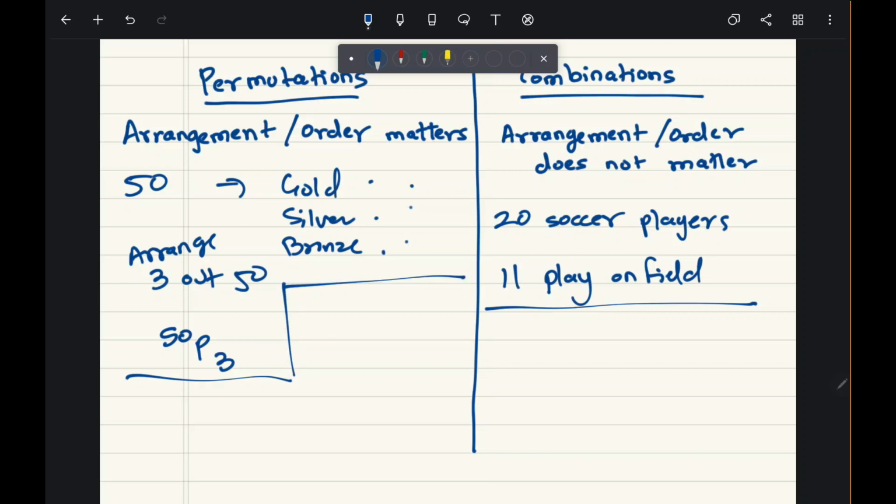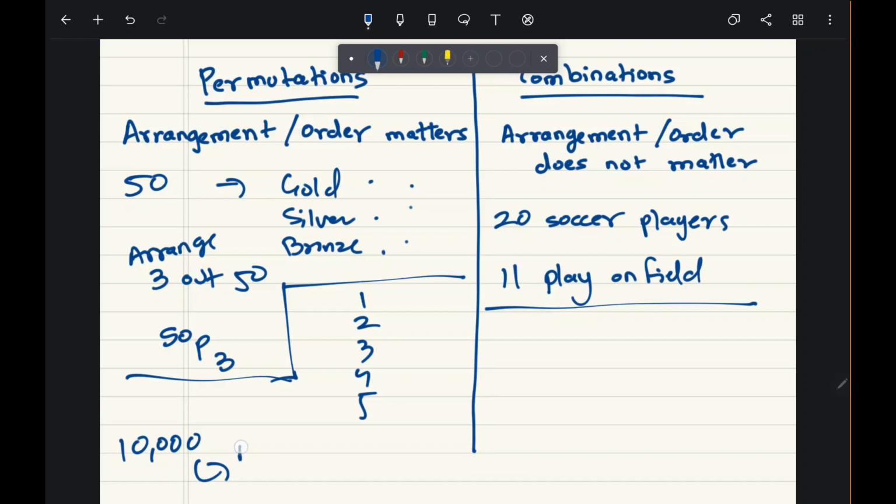Yeah, another example of a permutation could be, let's say you have a lottery and you have first, second, third, fourth, 5 prizes, right? And let's say maybe 10,000 people play the lottery, right?